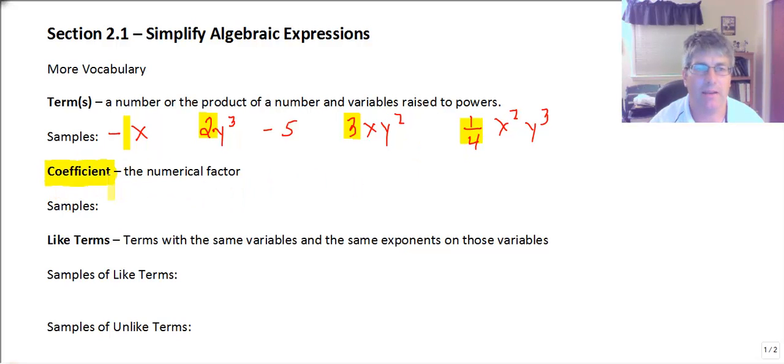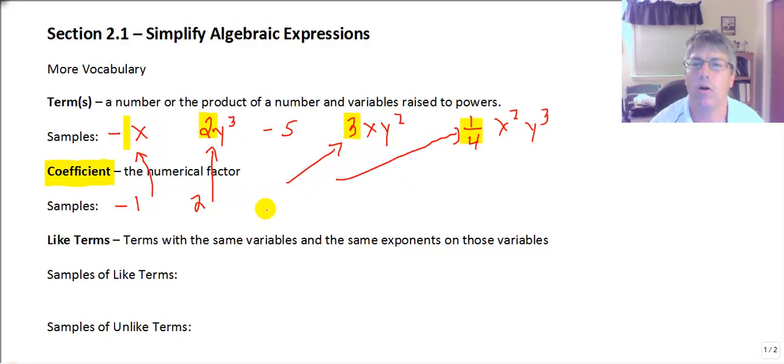The highlighted things, I would consider those the coefficients in our samples of terms. So negative 1 from above, 2, 3, and 1/4, those would all be considered the coefficients.